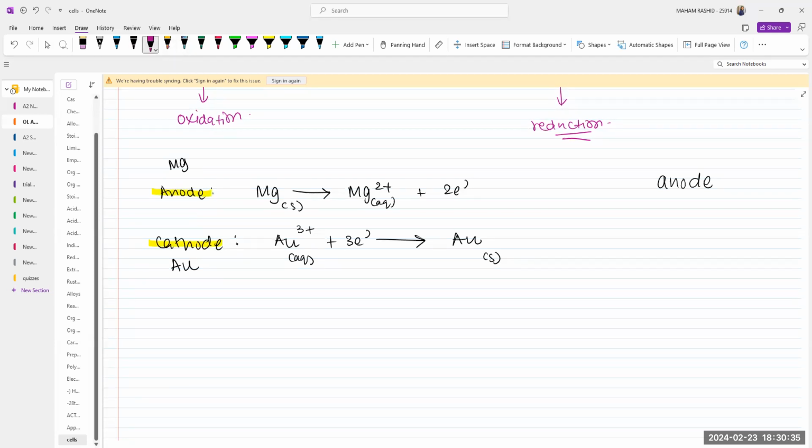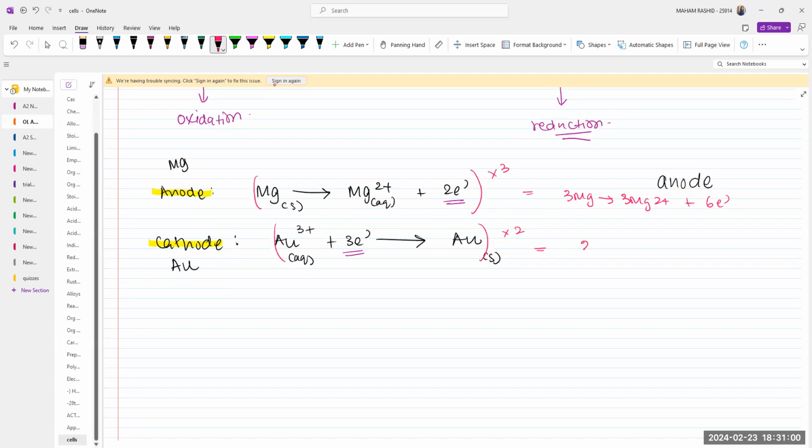Now we need to balance this because these are 2 electrons and these are 3 electrons. So we're going to multiply the magnesium equation by 3 and the other one by 2. So this is going to give us 3 Mg giving 3 Mg2+ plus 6 electrons.